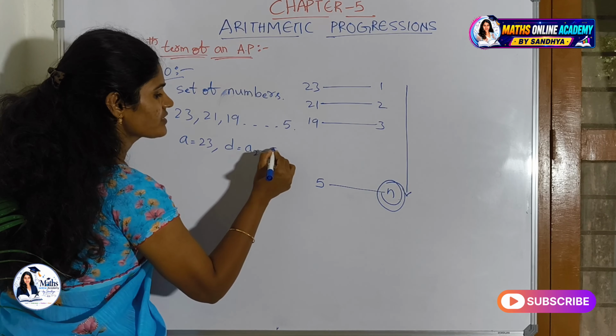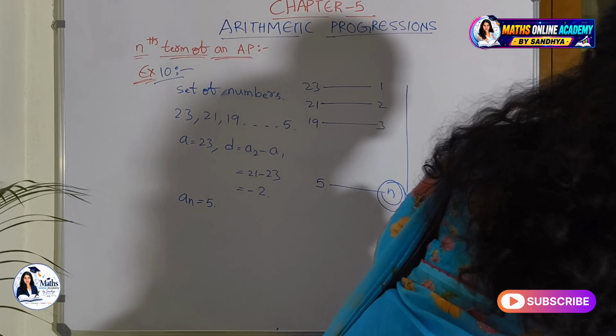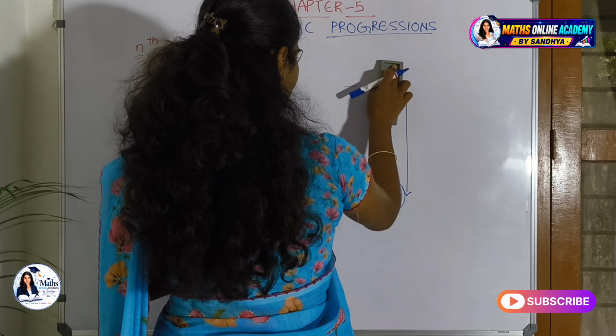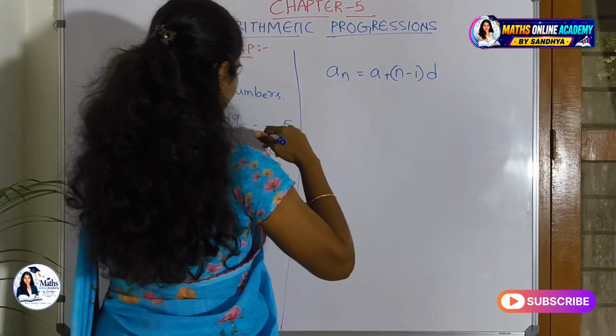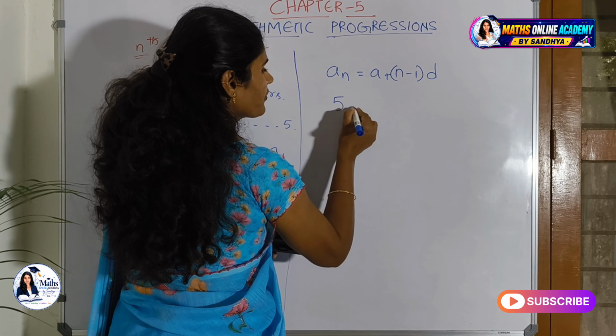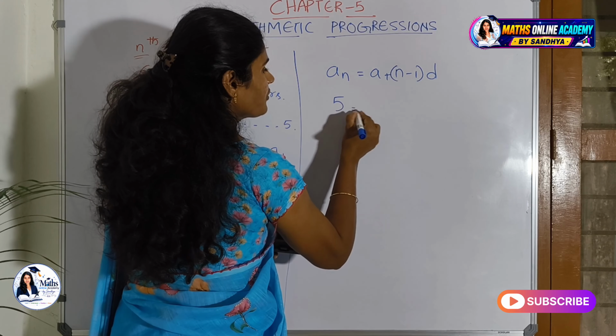And an equals 5. So an equals a plus n minus 1 into d. 5 equals, the a value is 23, plus n minus 1 into d, which is minus 2.